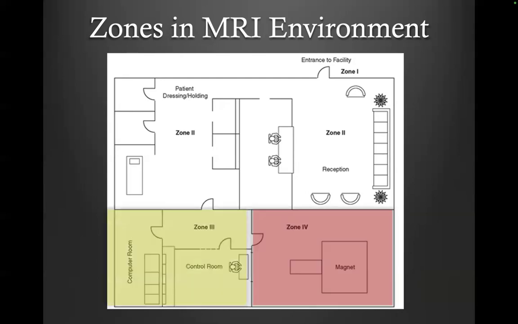And then the control room, where we have the MRI console and where the technologist sits, as well as where the study coordinator may be communicating to your subject, as well as the equipment room. These are considered Zone 3, which is restricted access, and it will be above the 5 Gauss line.